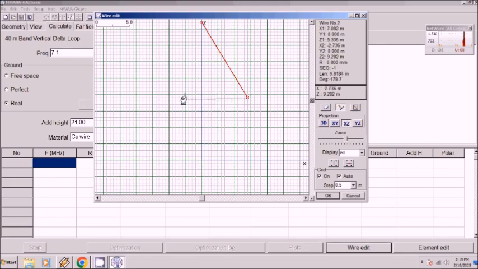This is just a rough dimension. You don't have to be precise. Okay, 13.5. And now click new wire again to draw wire number 3 from here to here.